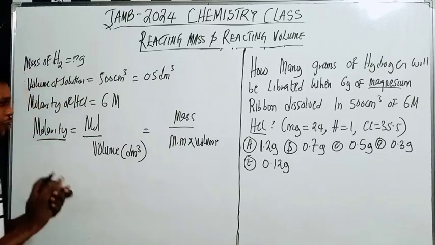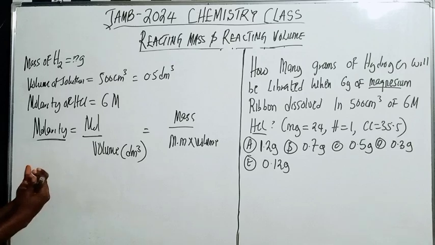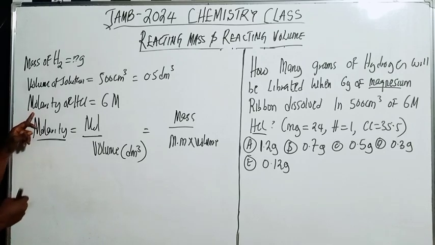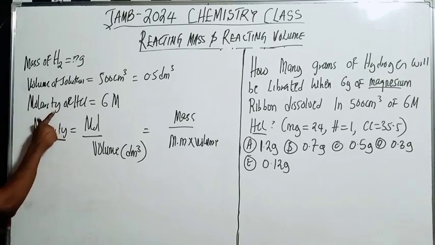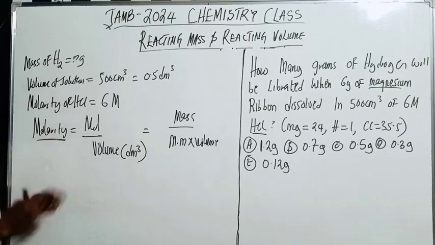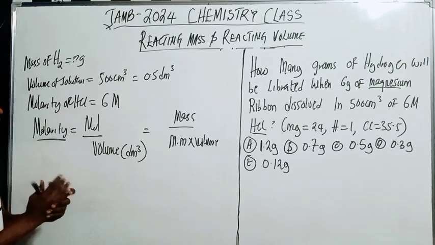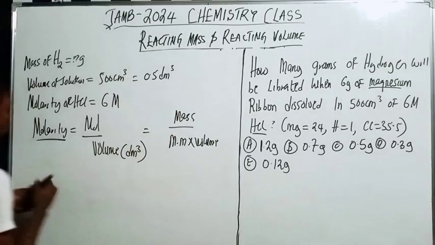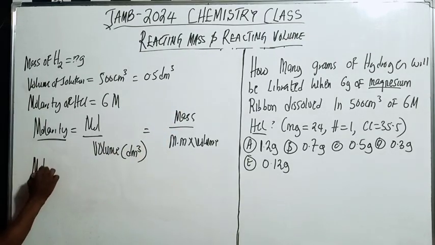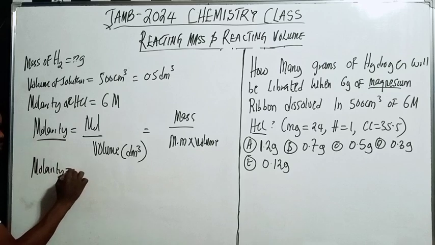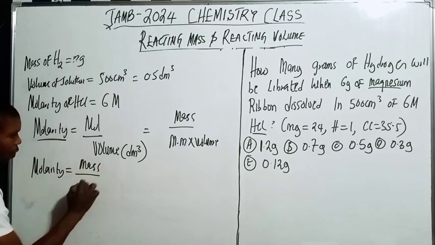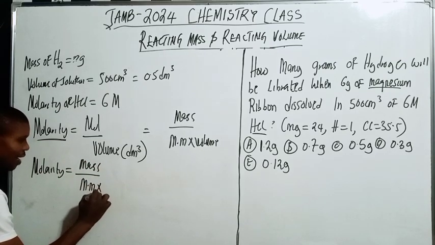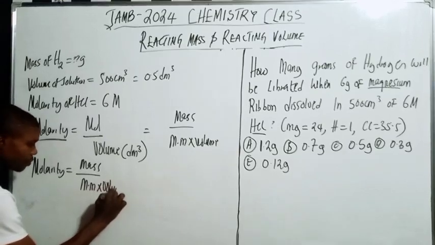Hope you understand. So now, remember, I want to look for the mass of HCl. So I want to use this formula here. Molarity equals mass over molar mass times volume.